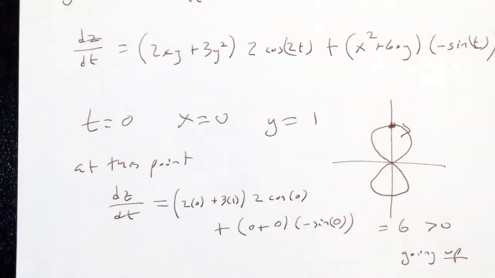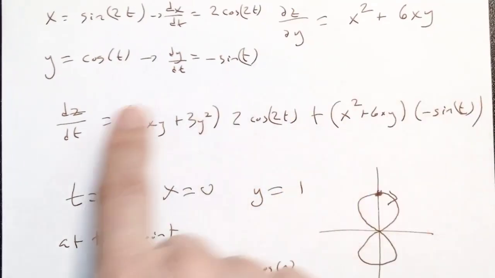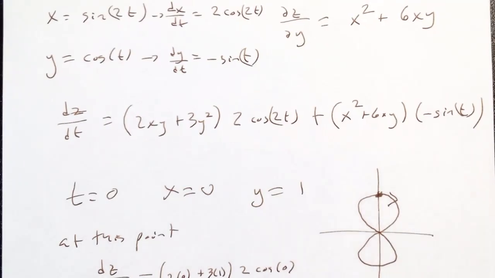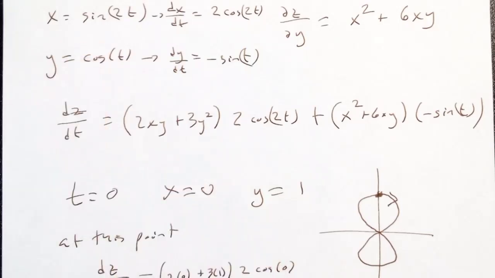So I'd be taking the derivative of this with respect to t, which means now this is a 3-variable expression. So I do the derivative with respect to x, that's got partials. The derivative with respect to y, that's got partials. The derivative with respect to t, that's got partials. But then I need these pieces, and that has dx dt and dy dt.